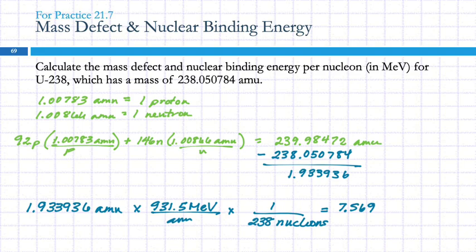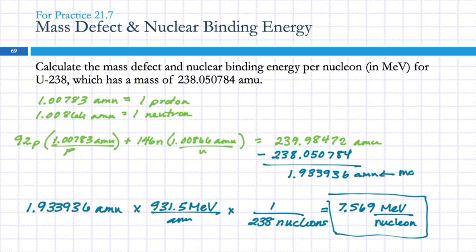That is not an exact number, so that's our sig figs, mega electron volts per nucleon. And this is our mass defect right here. Any questions?